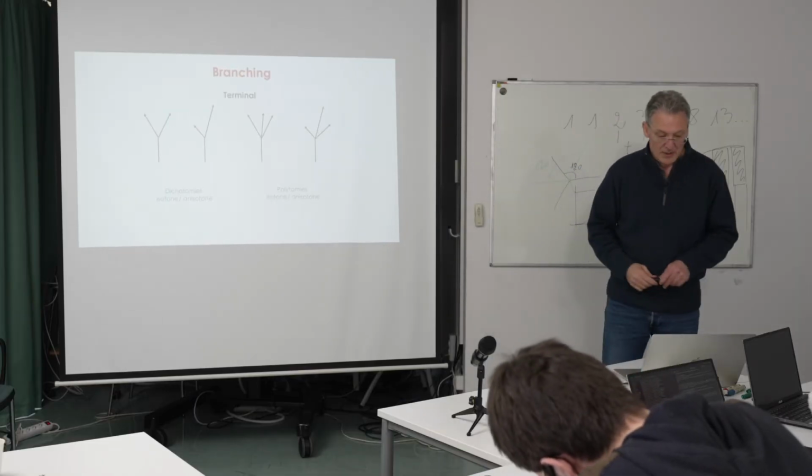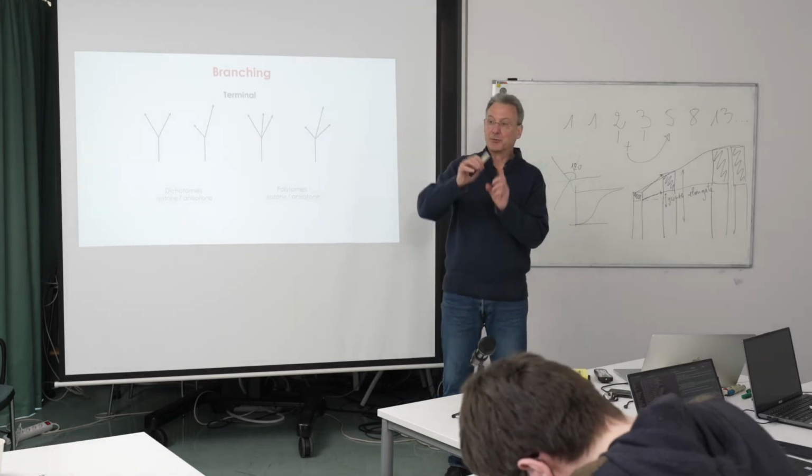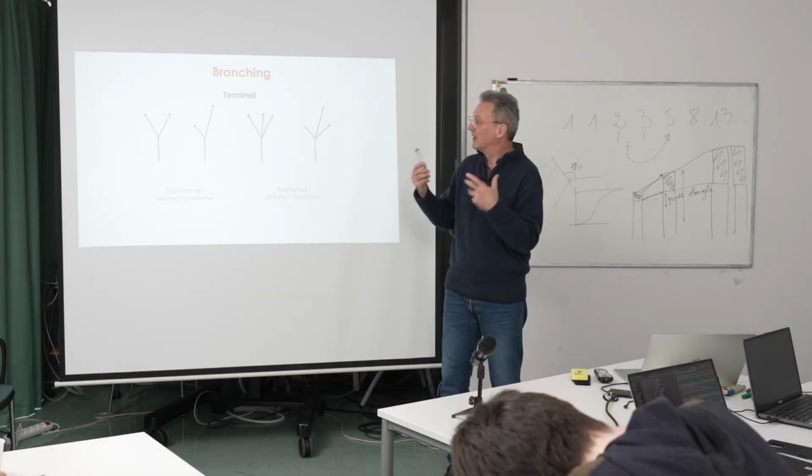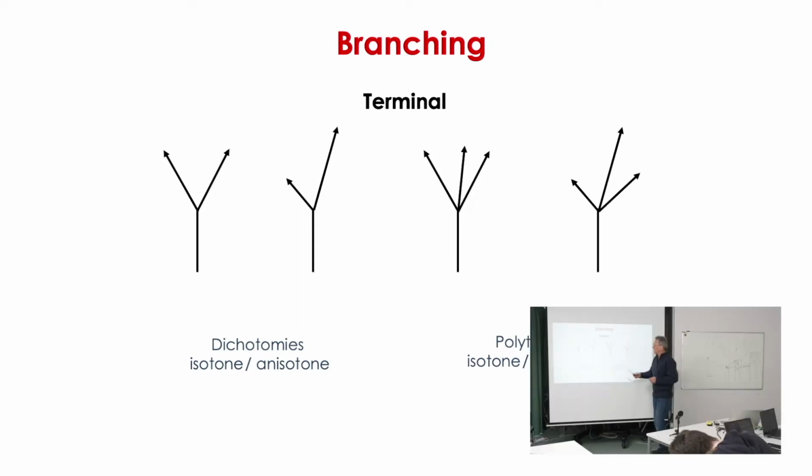Okay. The branching. So we have seen the meristem is producing lateral organs, and what type of branching can you have? You may have the meristem that splits into two parts. This could be one way.